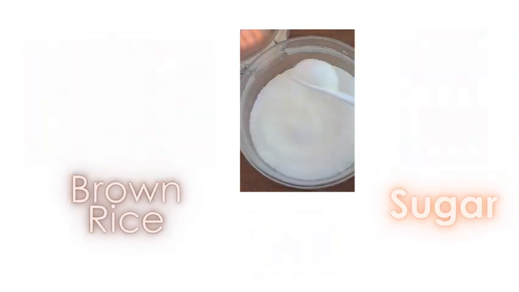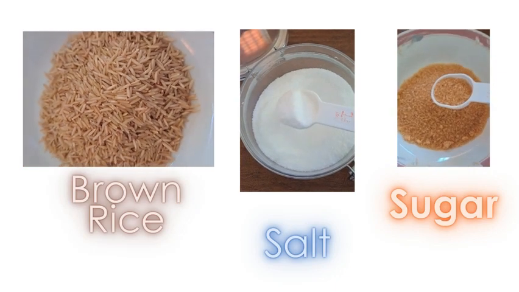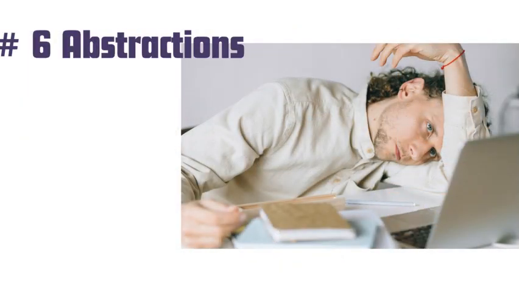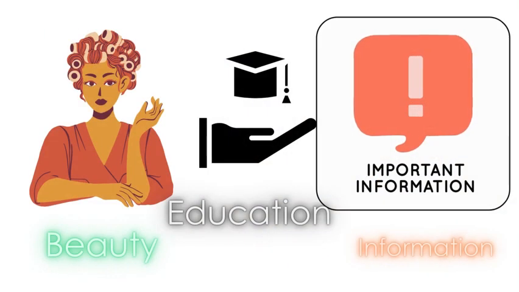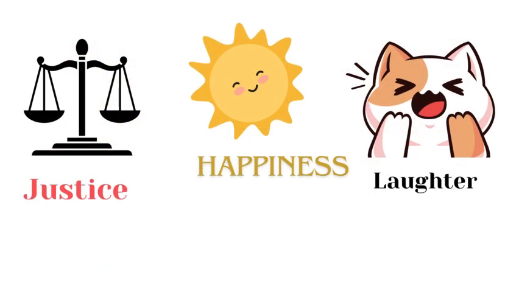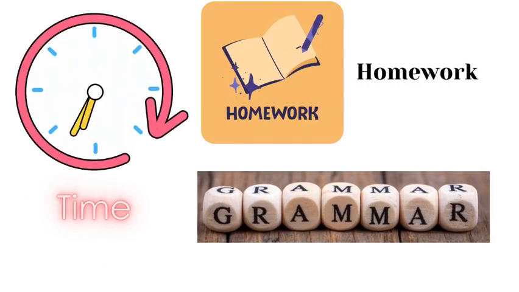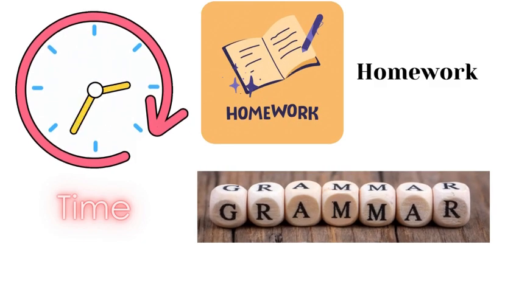For example, brown rice, salt, and sugar. Number 6, abstraction. Uncountable nouns for abstraction. For example, beauty, education, and information. Justice, happiness, and laughter. Time, homework, and grammar.